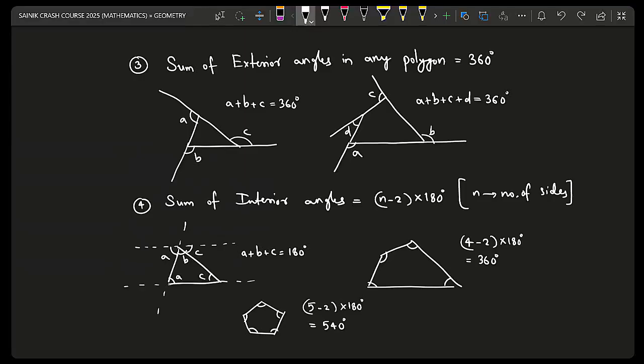It will be exactly 360 degrees only because as the polygon size or the number of sides are increasing, the exterior angle sizes are decreasing, right? Yes, sir. They will adjust in such a way that sum is going to be 360 only. For any polygon, sum of exterior angles is going to be 360 degrees only. Is it clear? Yes, sir. Okay.